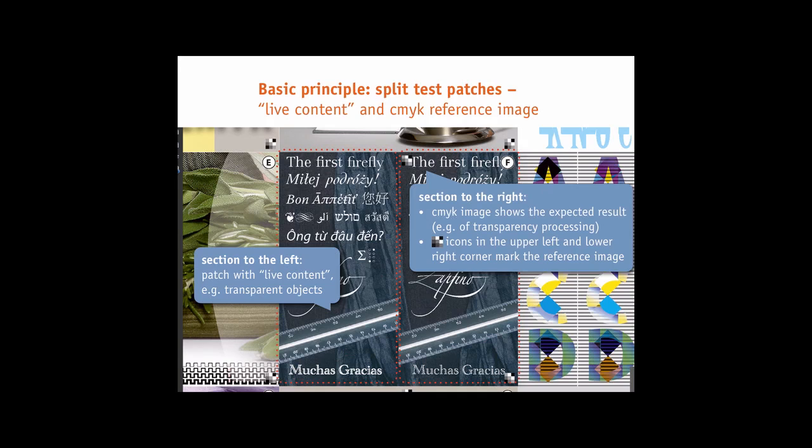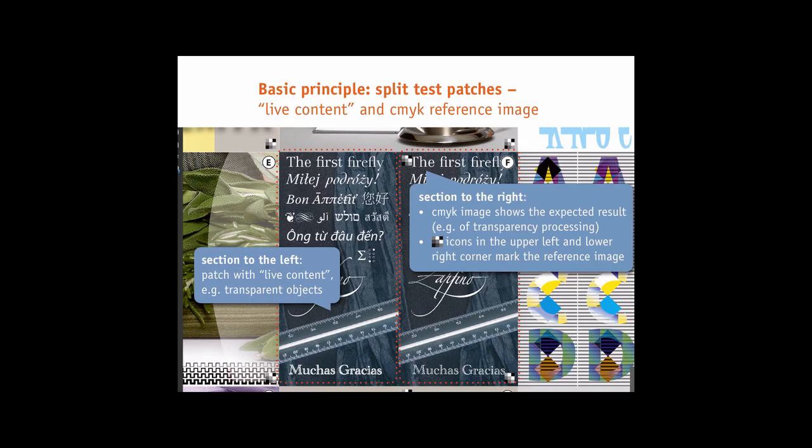So these reference images are always marked in the upper left and the lower right corner by these icons, just to make it easier for you to see which one is the reference image and which one is not. Because there are some other patches where the split goes not in the vertical direction, it's in the horizontal one. For design reasons, it would have been too complex to redo all the design.